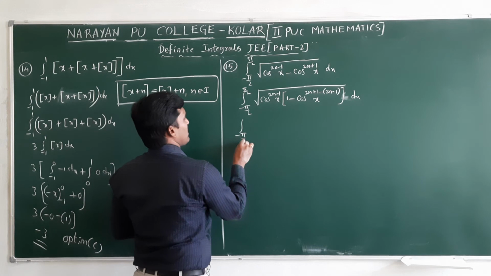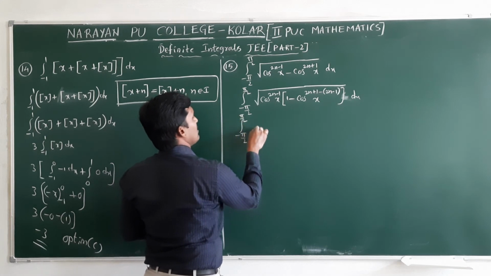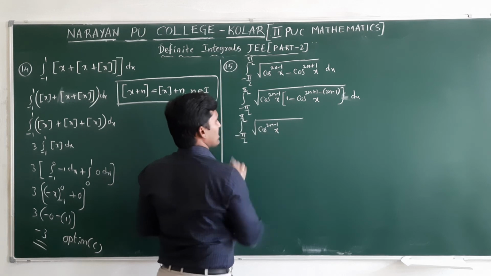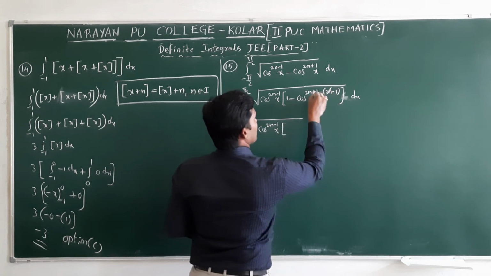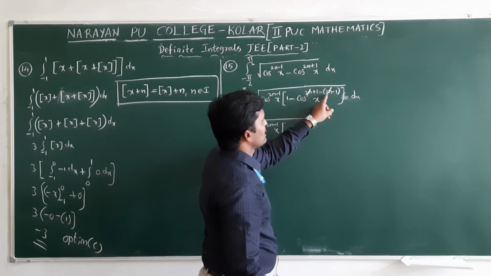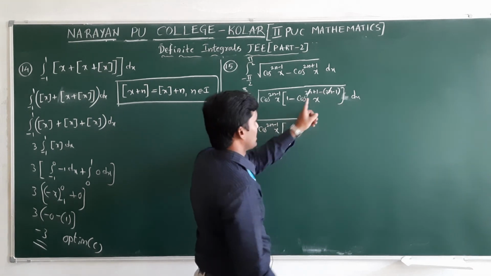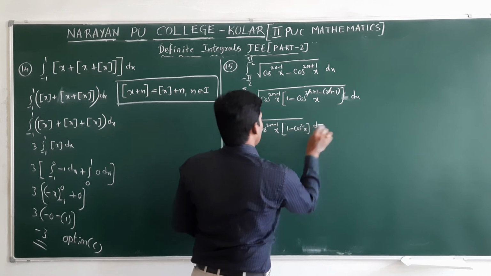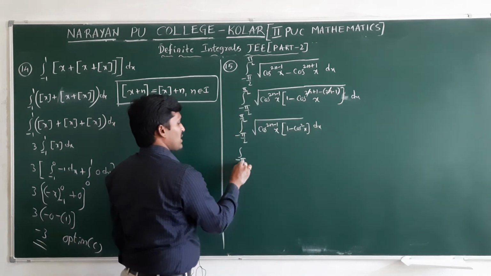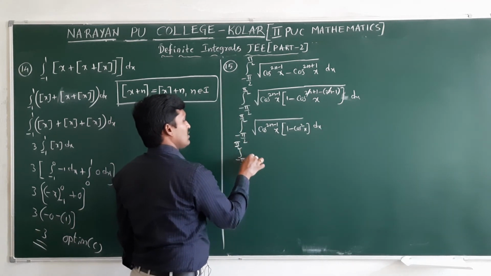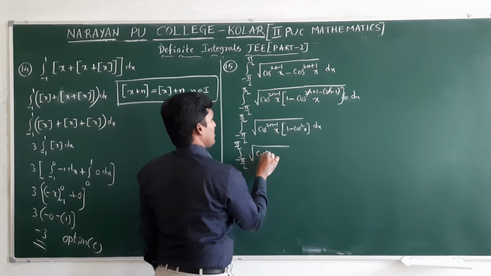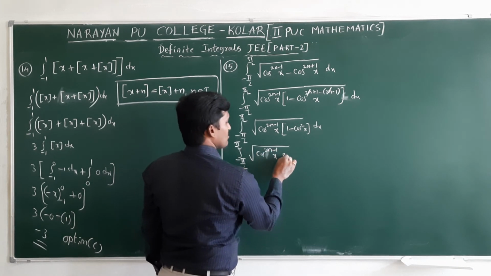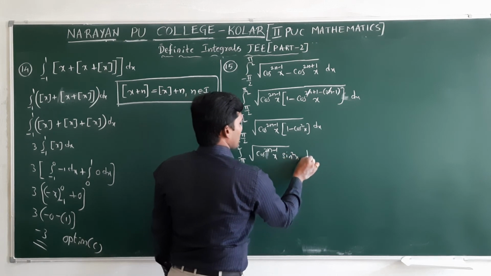Integral from minus pi by 2 to pi by 2 under root of cos power 2n minus 1 x. Here 2n cancels, 1 minus of minus gives plus 1, 1 plus 1 is 2, that is cos square x. That is integral from minus pi by 2 to pi by 2 under root of cos power 2n minus 1 x, times 1 minus cos square x, that is sin square x dx.